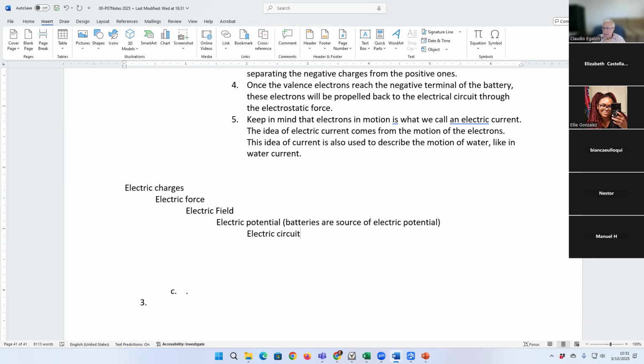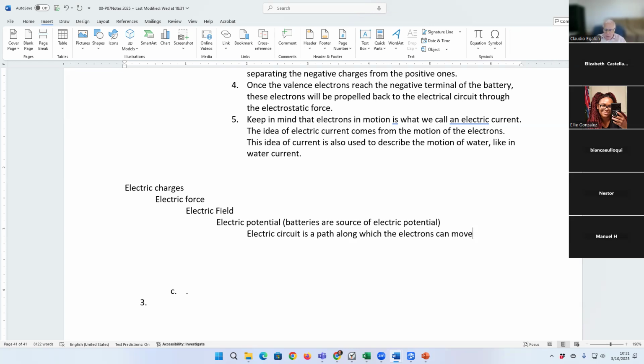An electric circuit is a path along which the electrons can move, just like a circuit of a car, right? And those electrons keep on moving in this closed circuit over and over again.